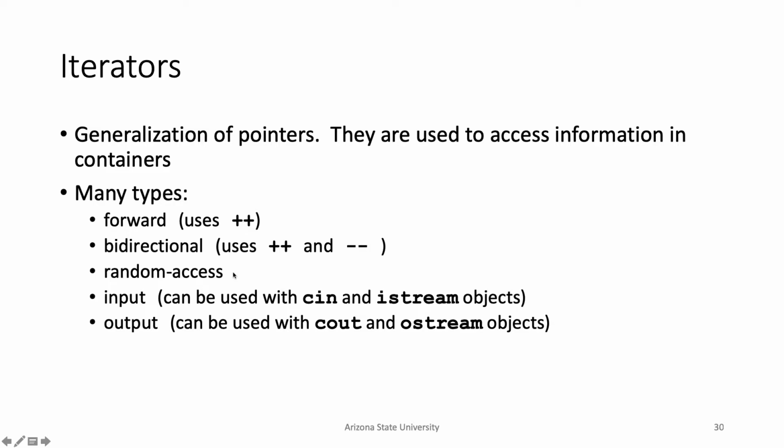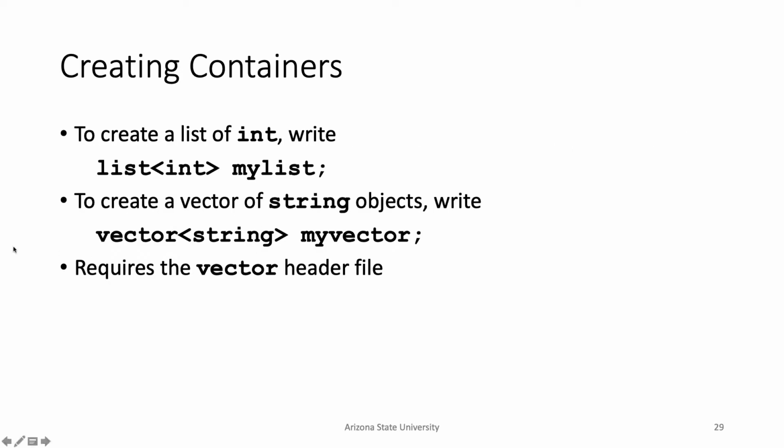So the forward iterators are the ones that you can only move forward through the container. So an example of this is list. So if you look up what list is, it is what is called a one-directional list, meaning that it only has pointers in one direction to the next element, whereas a deque has them going in both directions.